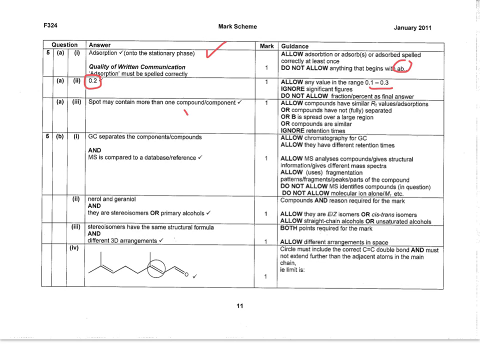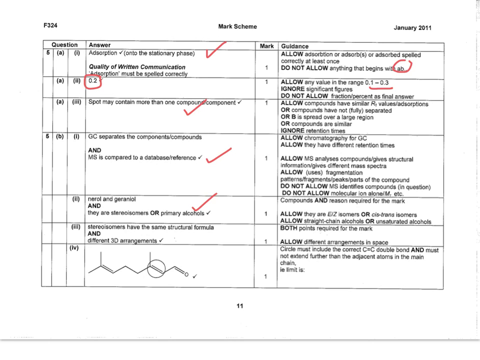We said that the spots will contain more than one compound. We talked about GC doing separation and mass spectrometry being used to compare to a database or reference, so both of those points were allowed. We chose nerol and geraniol, and we mentioned that they are stereoisomers and the fact that they have similar functional groups, e.g. primary alcohols.